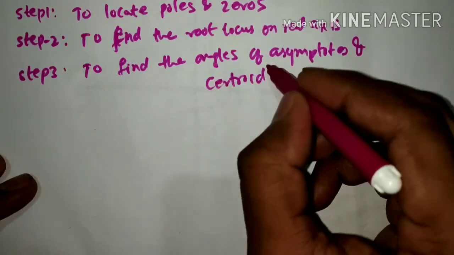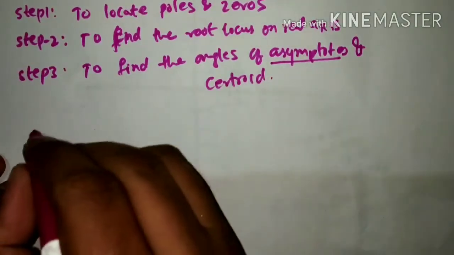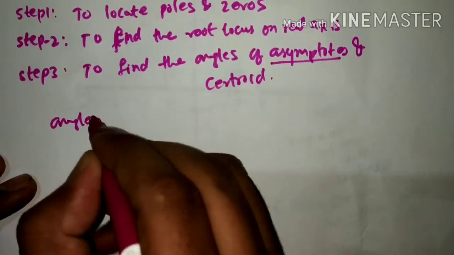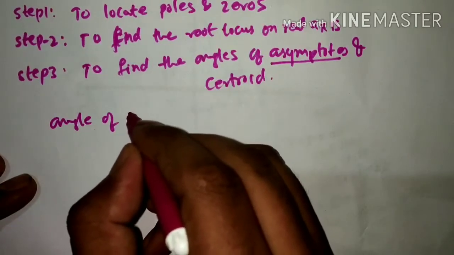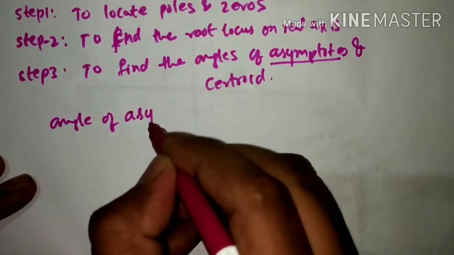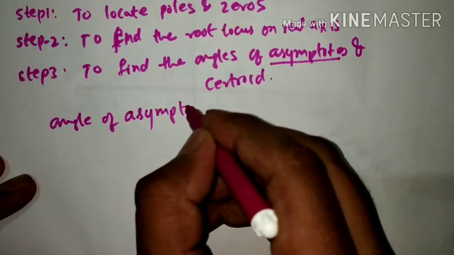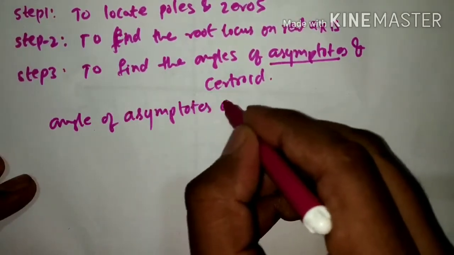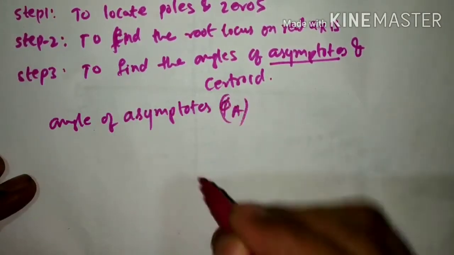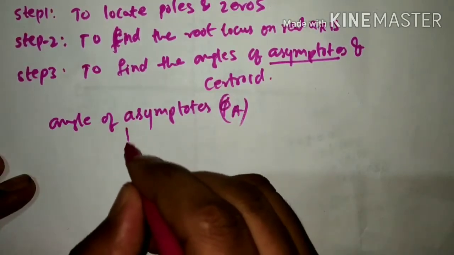Here the angle of asymptotes, phi a, we are going to represent. Angle of asymptotes, and it also gives the directions.